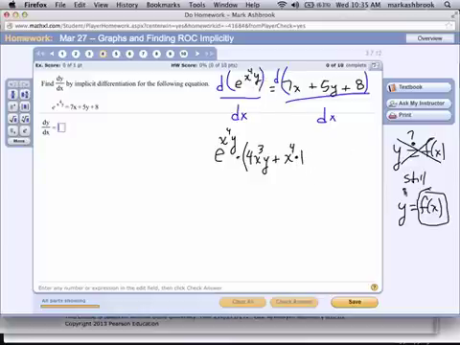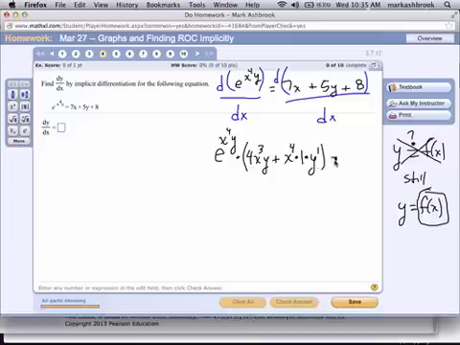But then by the chain rule, if y is a function of x, then we'd also need the rate of change of y. So there's our e with chain rule, and that chain rule is product rule, and within the product rule we have the chain rule again.